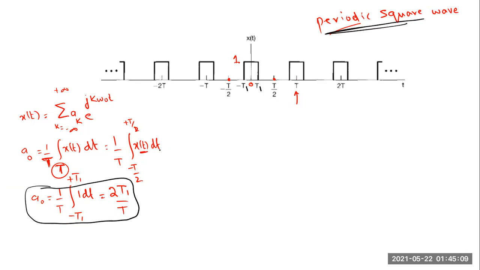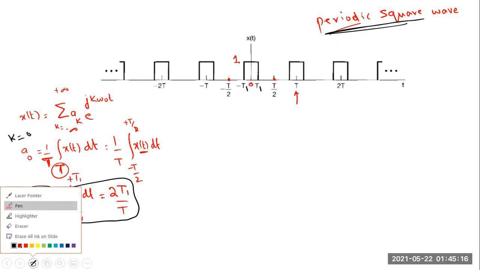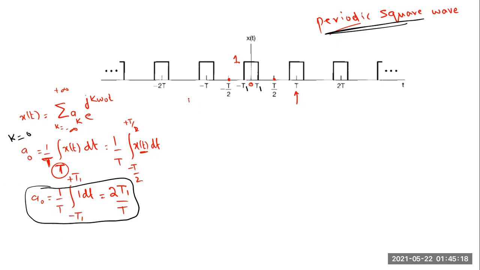Okay. Now, what are the other components? That is when k is not equal to 0. This was for k equal to 0. So for k not equal to 0, we have to use this expression.